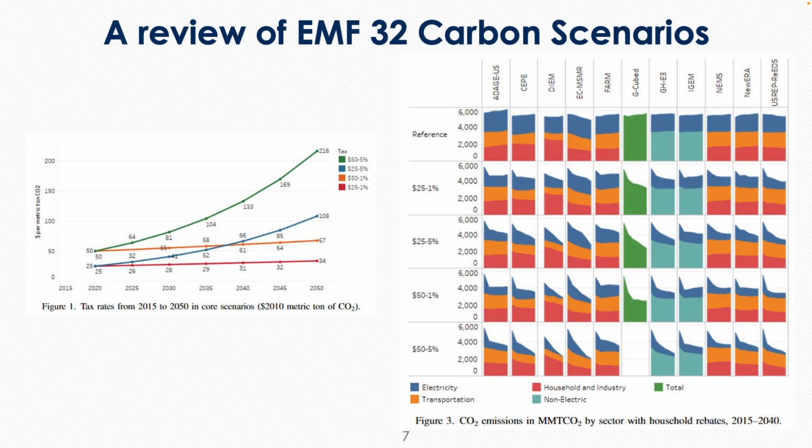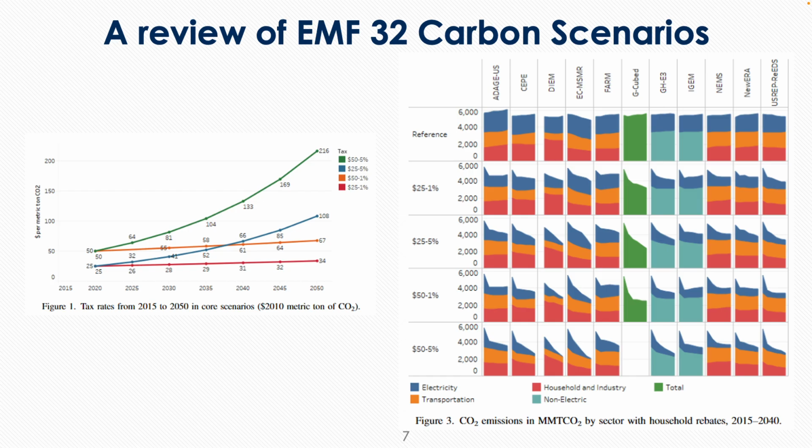Here we don't see all of the details of what I was just talking about, with the actual effects on that activity or the actual effects on the revenue and what those go to. But here they implement those effects and then calculate what the carbon emissions change was. Here we can see across 11 different models what happens when you implement carbon taxes.